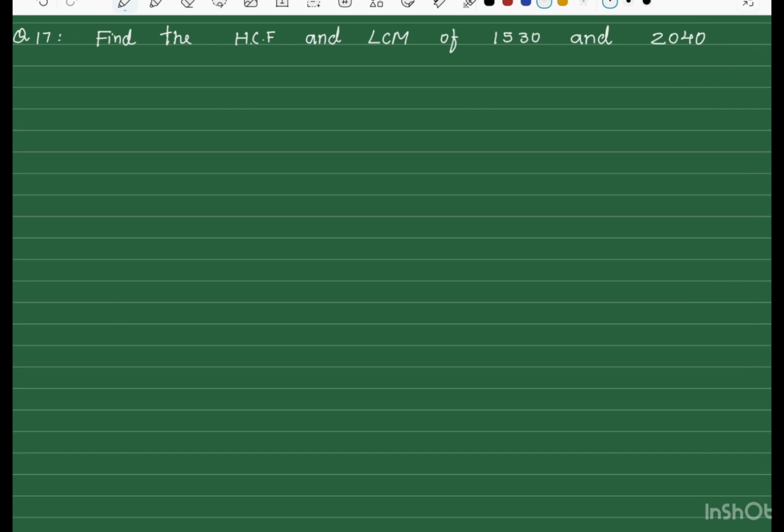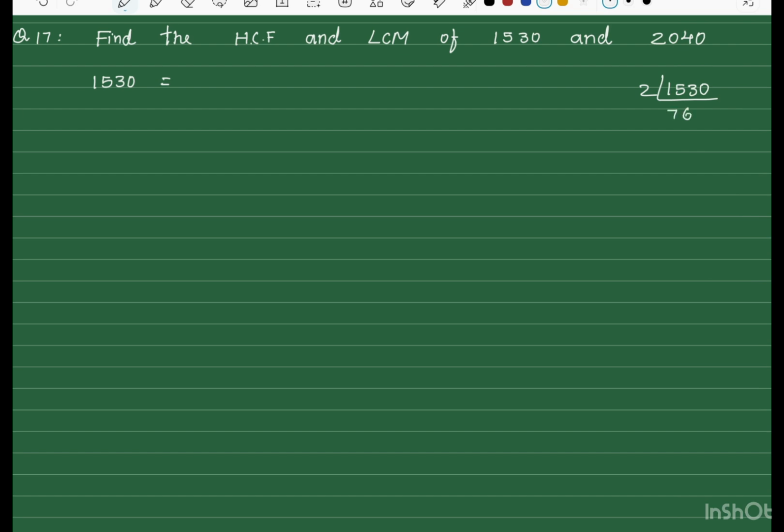Question number 17. Find the HCF and the LCM of 1530 and 2040. So first we have to find the factorization of 1530. Since 1530 ends with 0, it is an even number and it can be divided by 2.